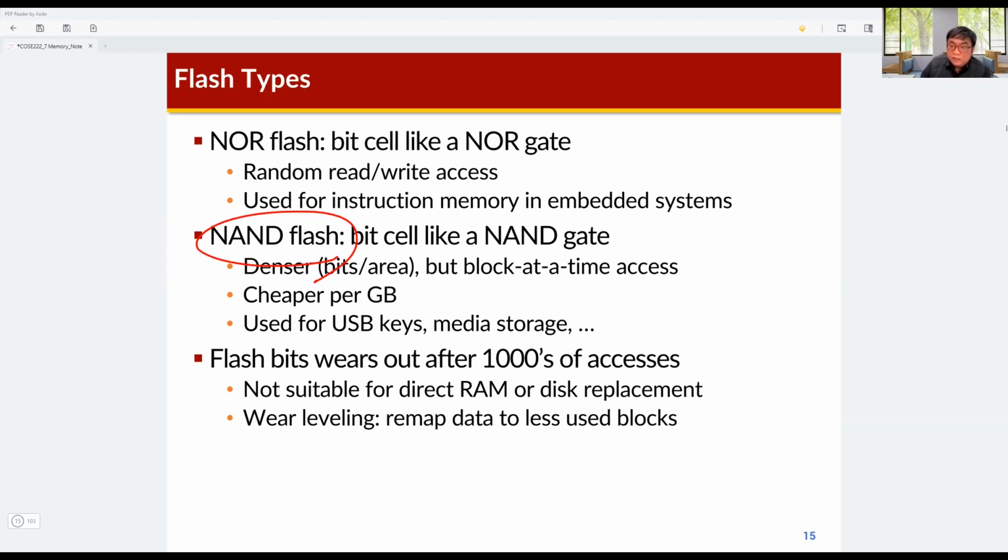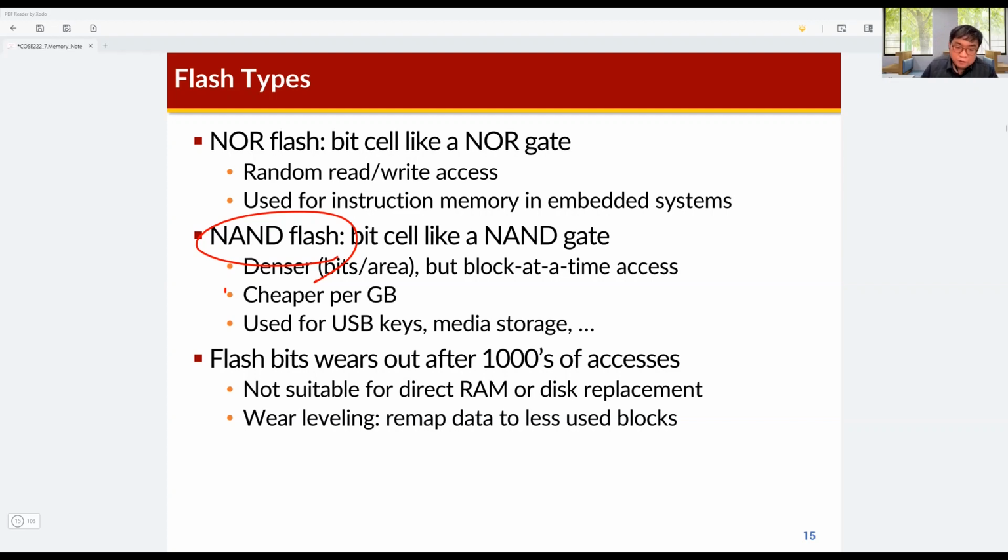NOR flash is actually very similar to the usual memories. So we use NOR flash memory as very fast storage media, like the storage media for firmware, and then we use NAND flash memories as the storage media of main storage systems like SSD. Okay.